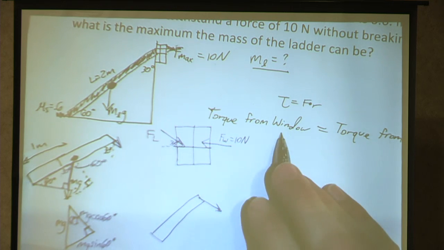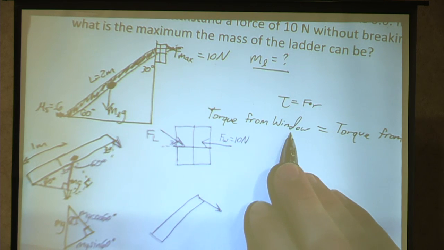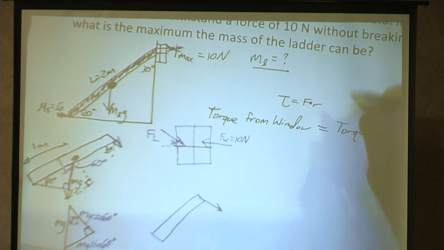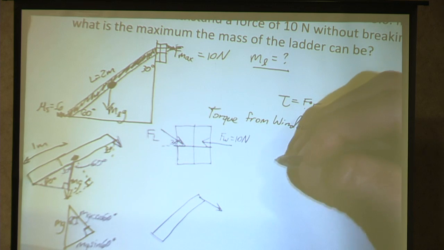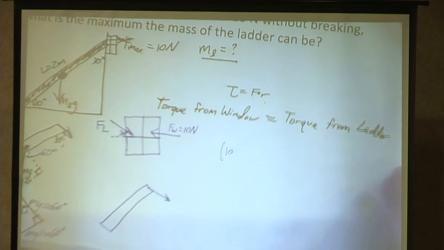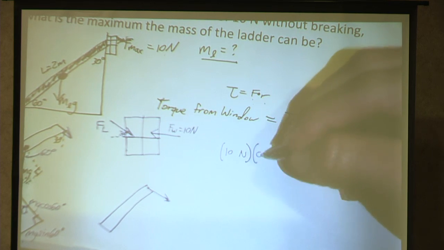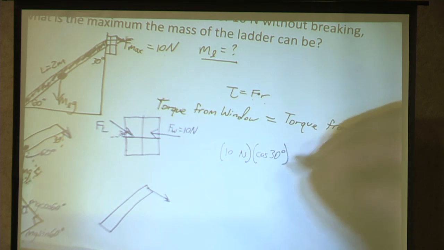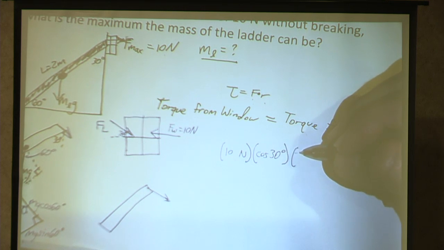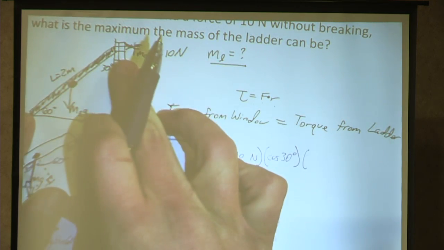So let's move back up here and set the torques equal to each other. So the torque from the window. We know a torque has to be a force times a distance, right? So the torque from the window is going to be 10 newtons times the cosine of 30 degrees. And that is from 2 meters of ladder length.